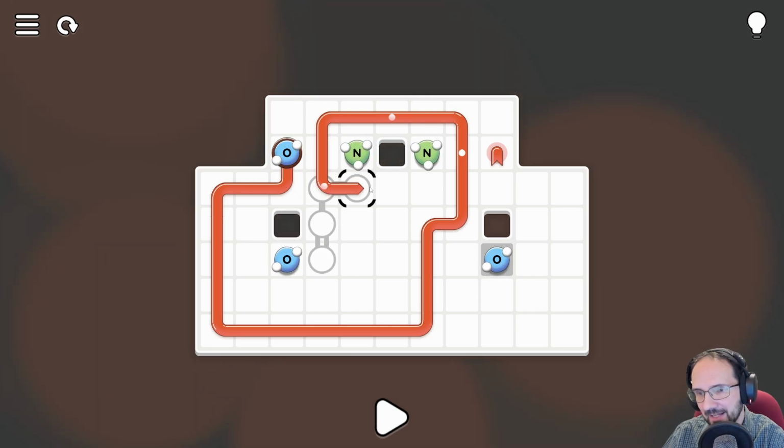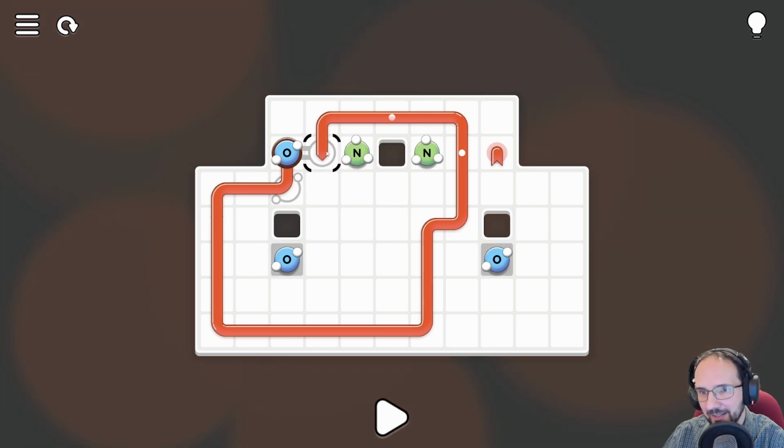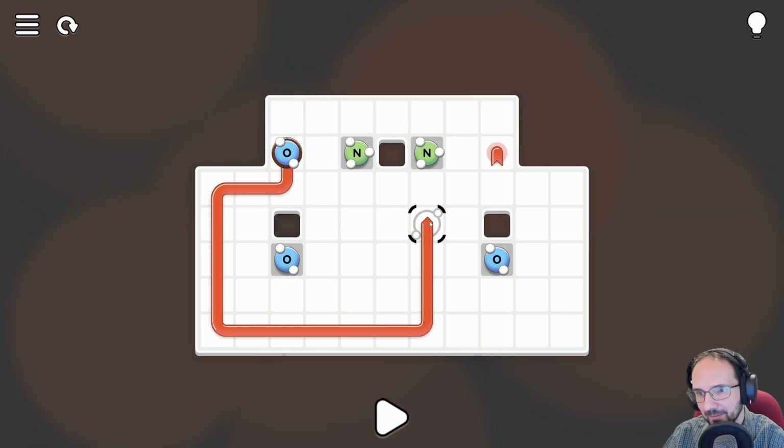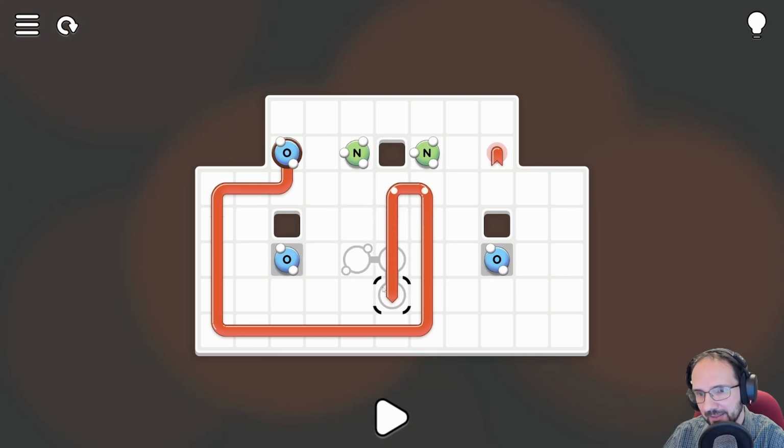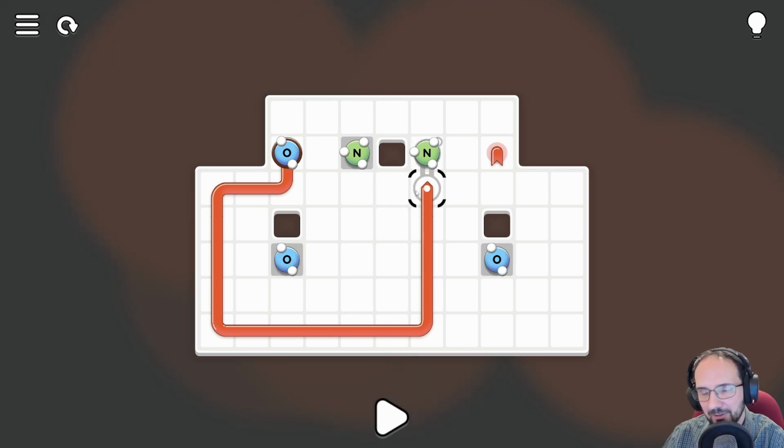And he's going to stick to that, and then there's going to be no bonds left. And then God knows how we get back to that anyway. We can't, we've got to like pick him up and then kind of do a little dance around in here. But we can't pick him up. We've got to do a nitrogen and oxygen and then the other nitrogen.